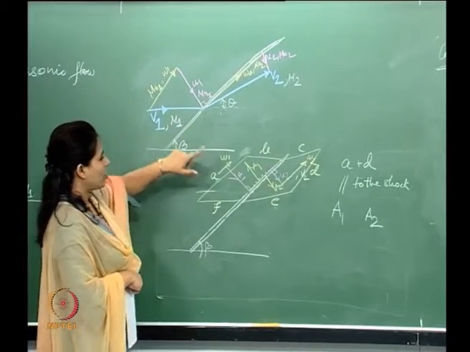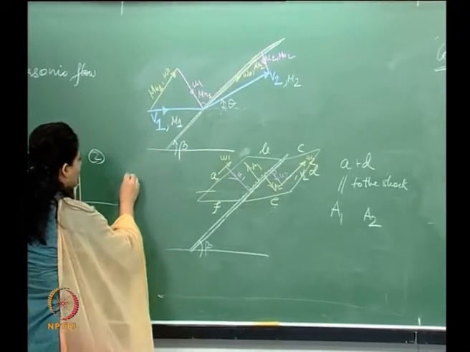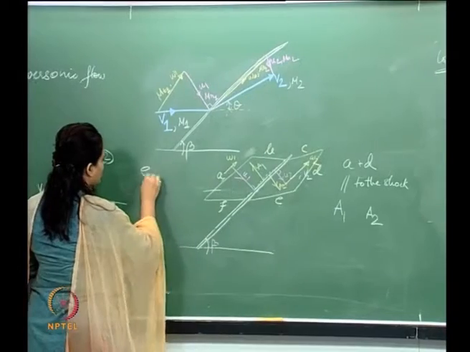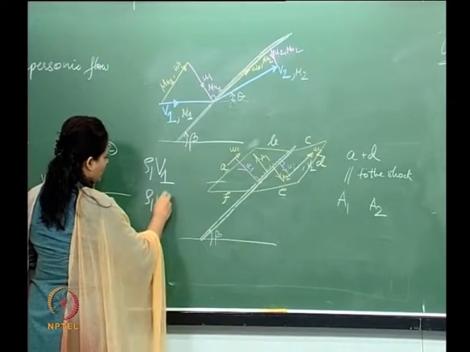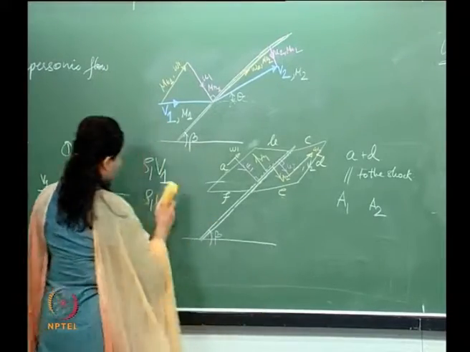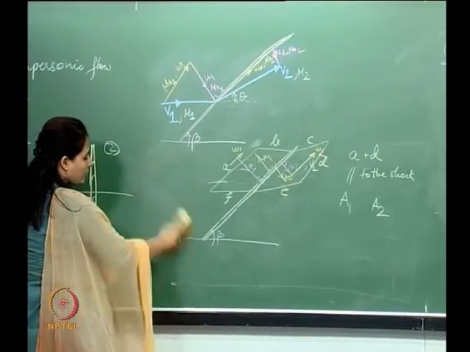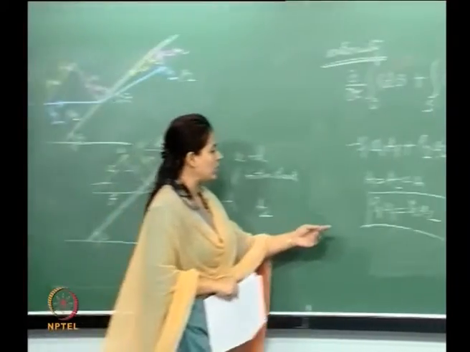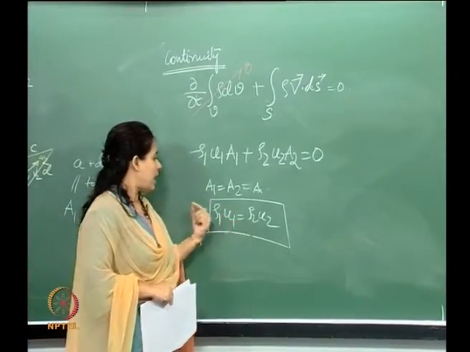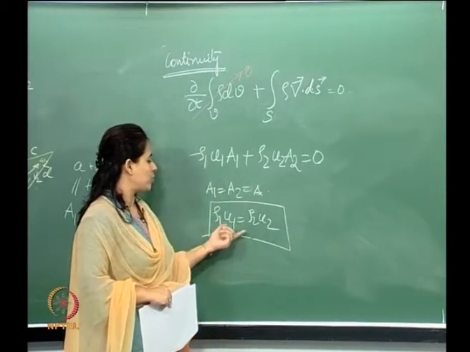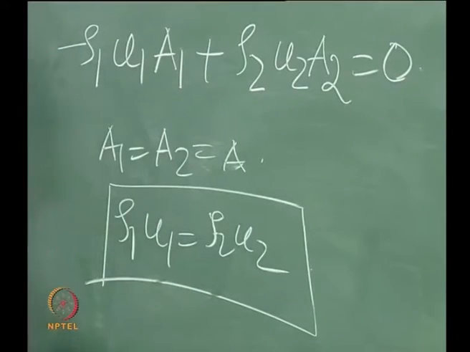What we wrote there was not rho 1 v1, instead what we wrote was rho 1 u1, okay. That is important to notice here. We are using the normal component of the velocity across the oblique shock, and this is the relationship we get from there.